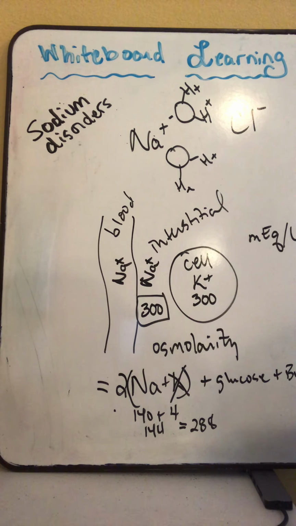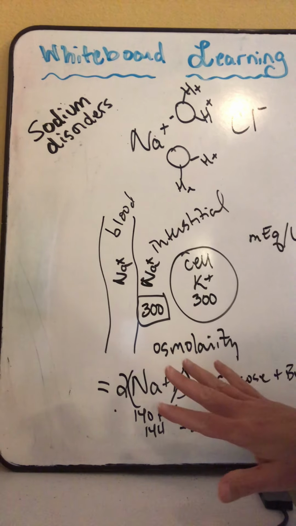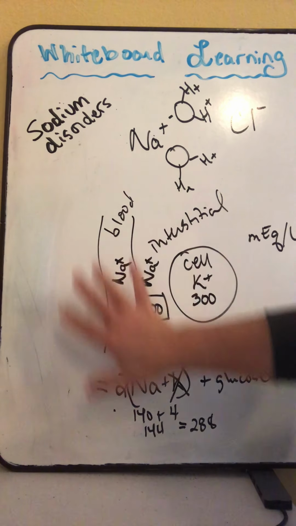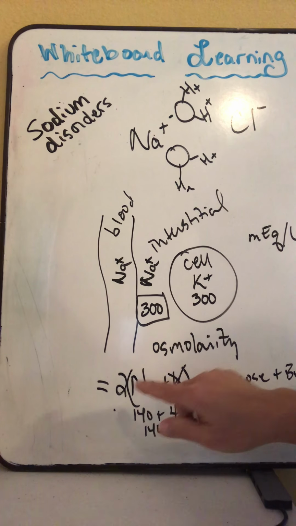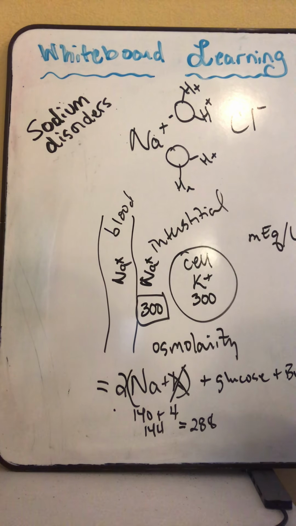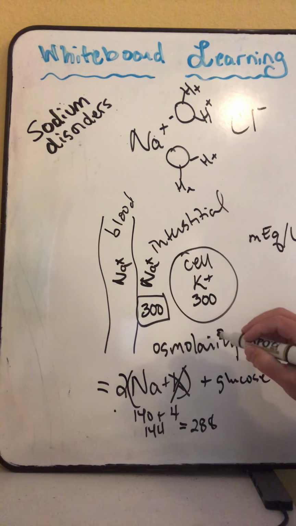And so that's why sodium is so important for how do we deal with the saltiness or the components of this extracellular fluid, because it's one of the most important things. And why is osmolality important?